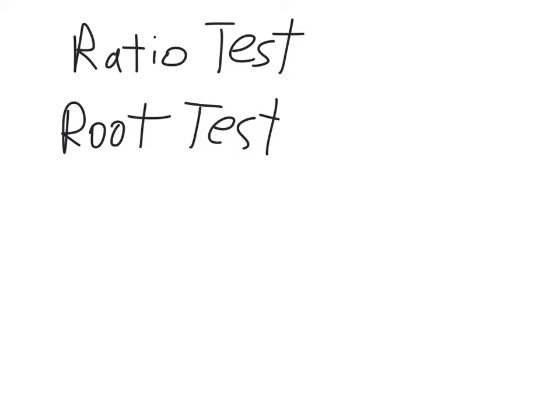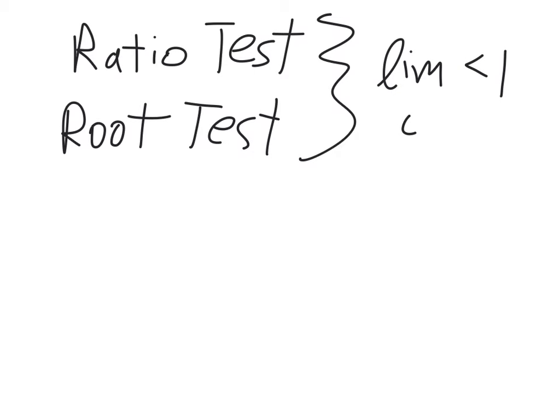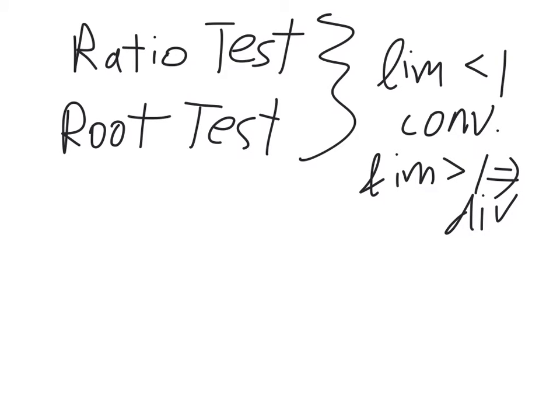If the limit is, what's the condition? You remember? Less than 1. Okay. Then it converges. If the limit is greater than 1, then it diverges. If it's equal to 1, then yeah, we have to try something else because it doesn't tell us anything. But ratio test, root test, for particular types of series, those are probably the easiest ones.